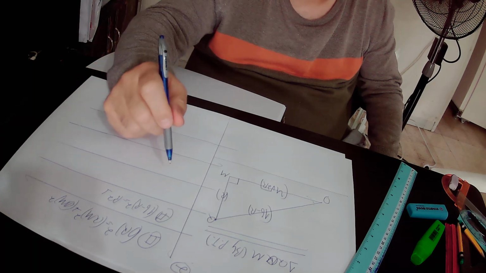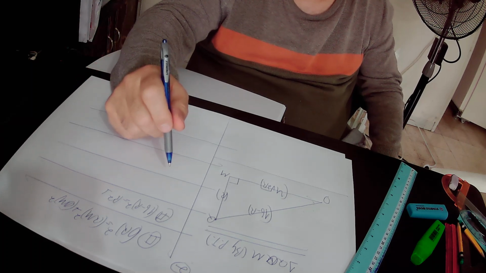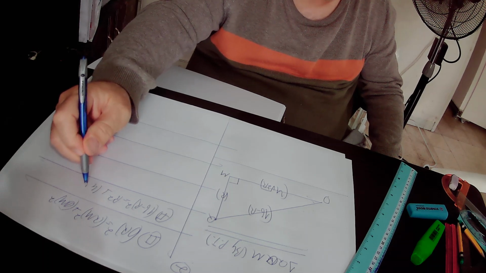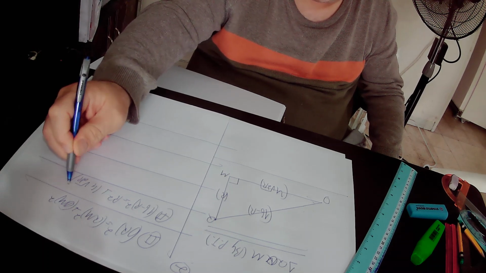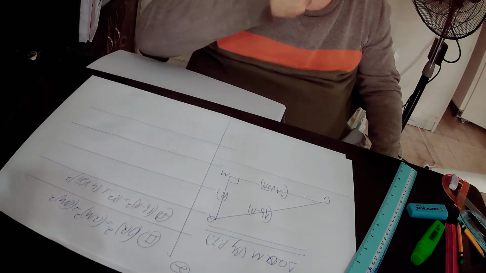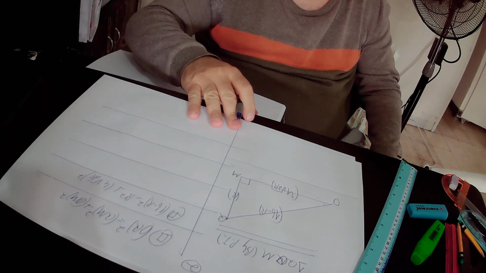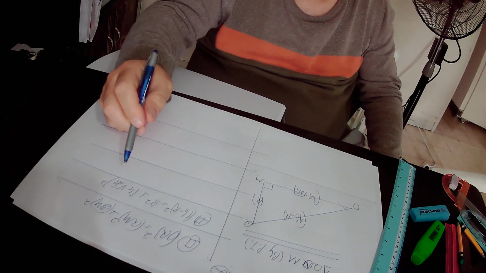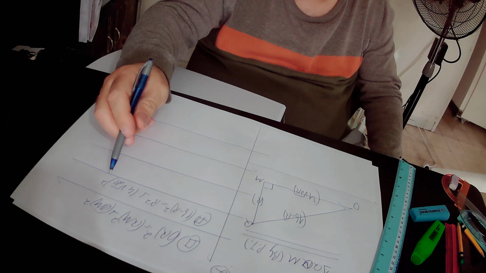OM is 4 times square root of 2R, therefore OM square is (4 times square root of 2R) square. So according to equation 2, we shall find out that (16 minus R) square equals R square plus (4 times square root of 2R) square.